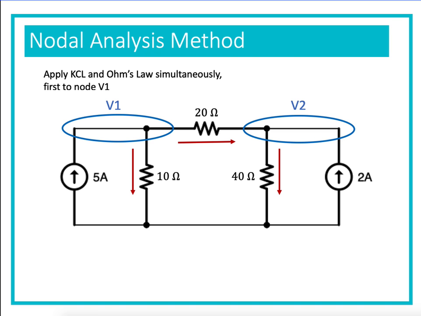That's what Ohm's law tells us. And then the value of the current through the 20 ohm resistor would be V1 minus V2 over 20. And those added together are going to have to equal 0. So that is an equation that describes what's going into and out of the first node.